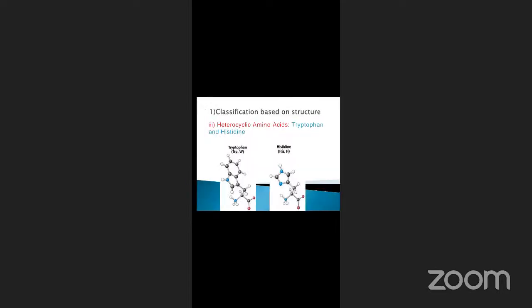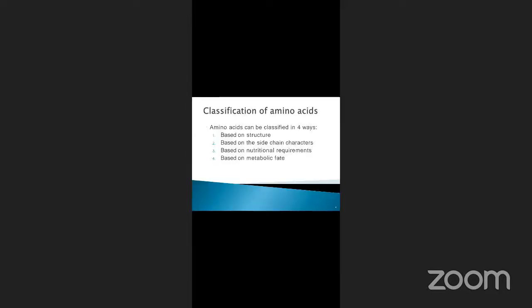Then we have derived amino acids. Derived means usually the amino acids which are present are alpha amino acids. So what is an alpha amino acid? I will show you the structure once again. This is the general structure.